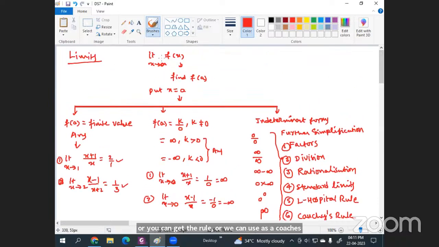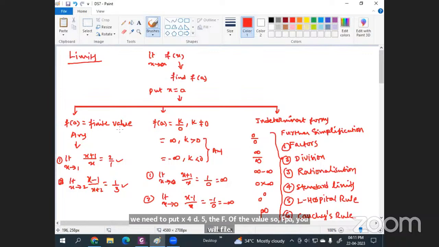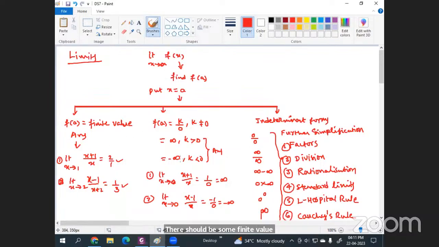Any limit problem comes, first your target is to apply this one, limit x tends to a, f of x. First we need to put x equal to a and find the f of a value. So for f of a, you may find there should be some finite value, or a plus or minus infinity, or a form of indeterminate forms.